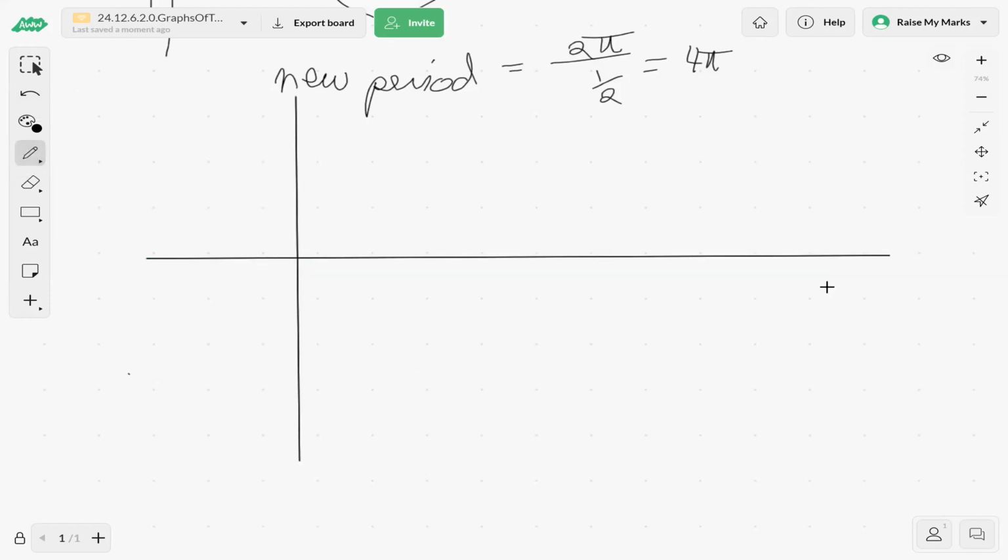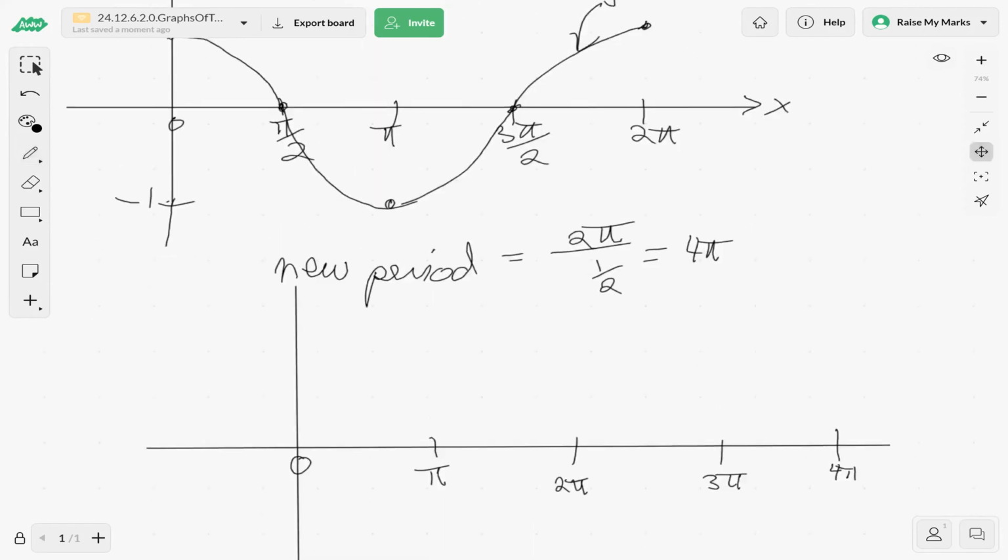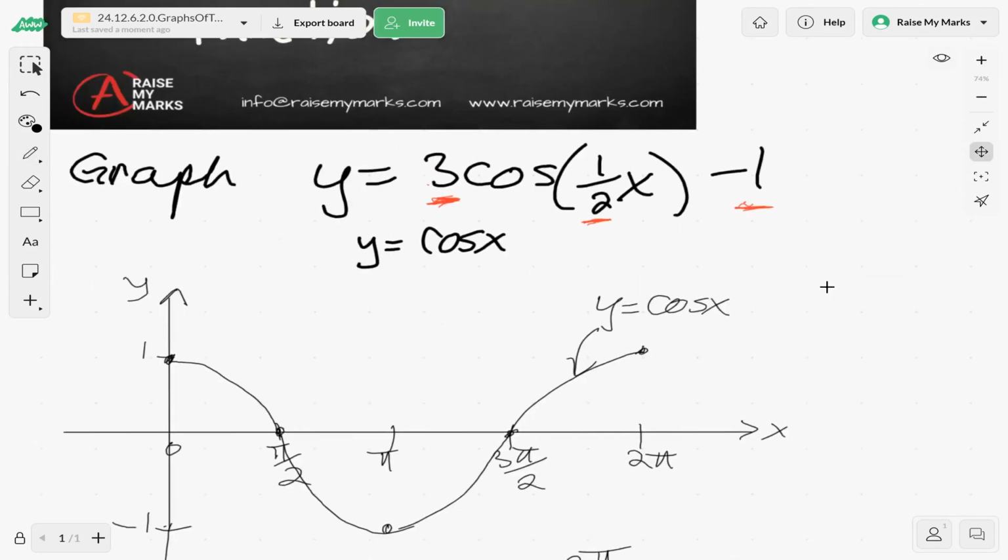And we're going to take that 4 pi and divide it up into 4 equal intervals. So we have pi, 2 pi, 3 pi, and 4 pi. Okay, so now let's go back up. We've taken care of the 1/2 times x, that factor of 1/2.